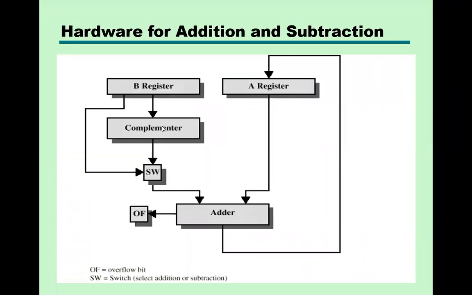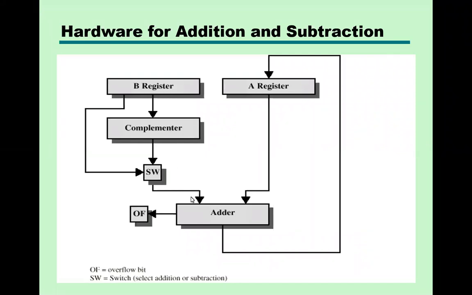If it is addition, the switch chooses the value directly from register B. The switch chooses the register B value directly if the number is positive, because there is no need to complement. If the number is negative, we have to take the 2's complement of that number. Accordingly, the switch chooses the input as per the operation, addition or subtraction.